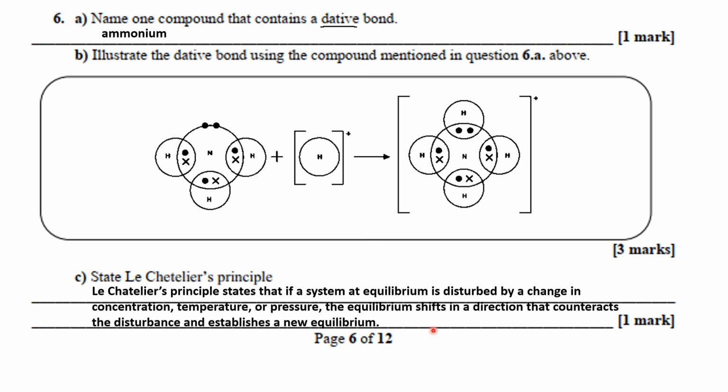You may end up having more products forming or fewer products forming, and more reactants forming backwards, anything like that. That's what Le Chatelier says. Once again, you may not have to bother yourself to understand Le Chatelier's principle much, because it is not emphasized in the syllabus unless you are doing advanced level chemistry.